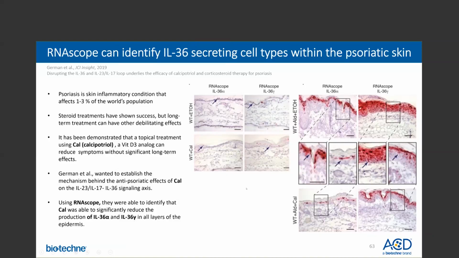And as you see in this inducible model on the right-hand side panel, when psoriasis was induced, the expression of IL-36 alpha and gamma is significantly upregulated. And in the bottom panel, when this animal is treated with calcipotriol, the expression of IL-36 is significantly reduced, showing that it is in fact reducing inflammation and hopefully subsiding the effects of psoriasis. Next slide.